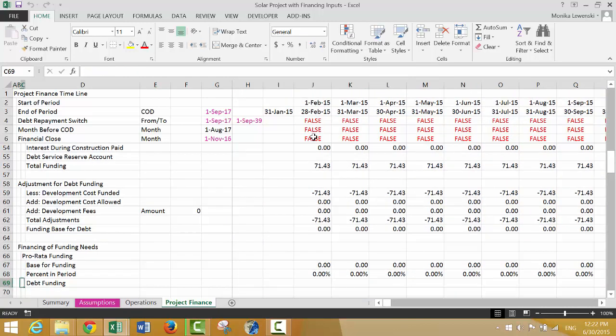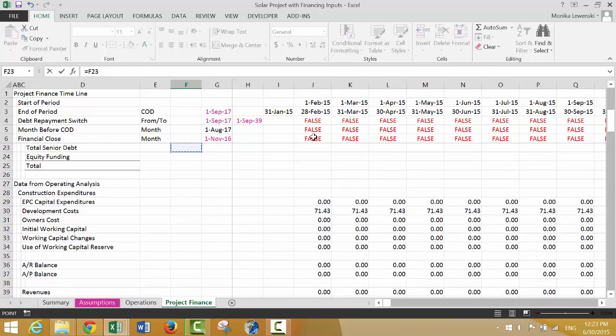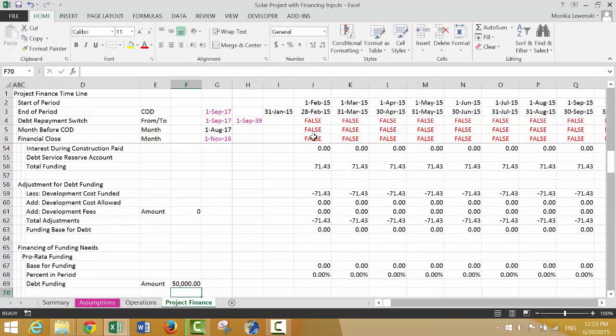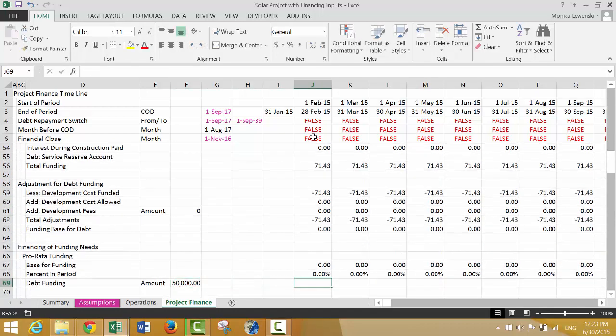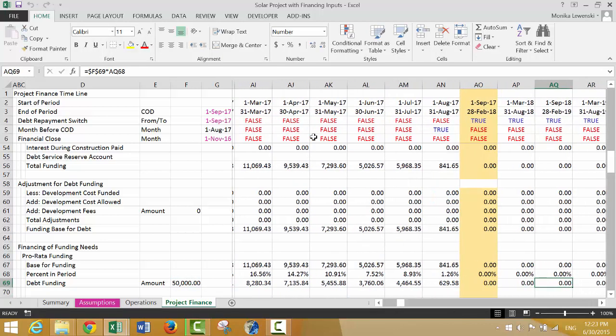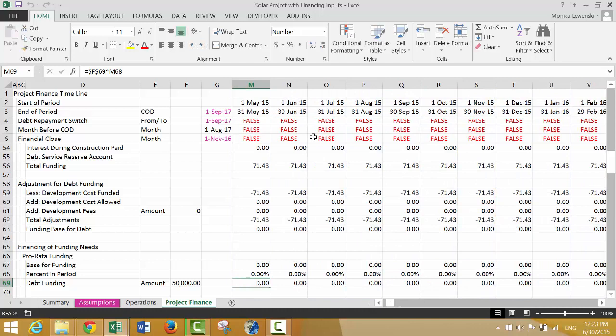We're going to have some horrible circular references. Well, we might not, actually, because we fix the debt. If we fix the debt, things are a little bit easier, and then you just press F4 on the fixed amount of the debt, and you can see how much of the debt is going to be financed each period. That's for the debt funding.